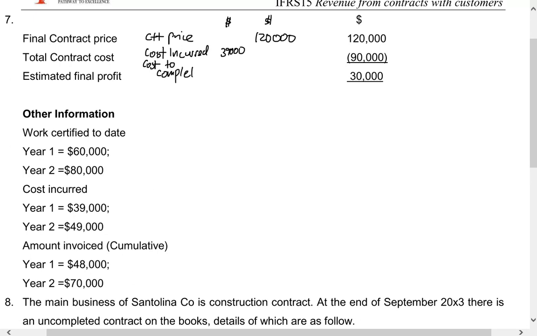Cost to completion 51. Cost incurred. Output or the sales method.